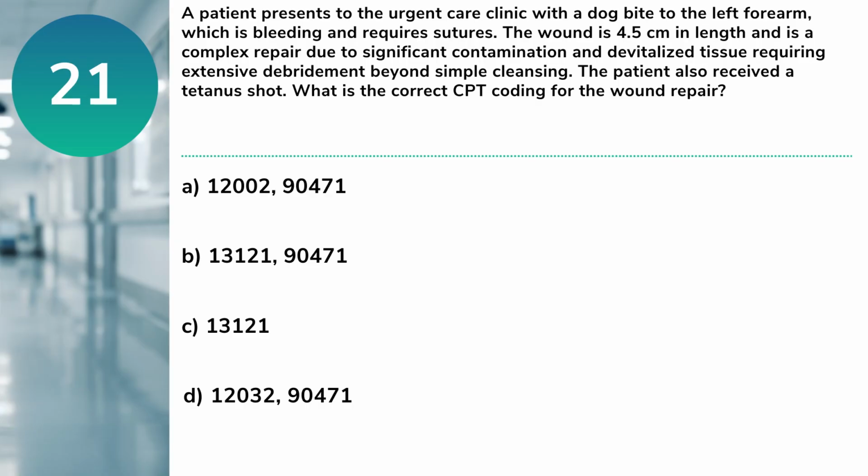What is the correct CPT coding for the wound repair? A. 12002-90471. B. 13121-90471. C. 13121. D. 12032-90471.